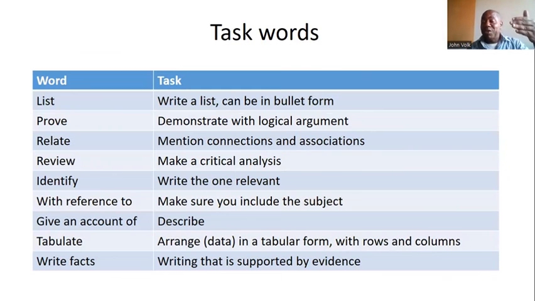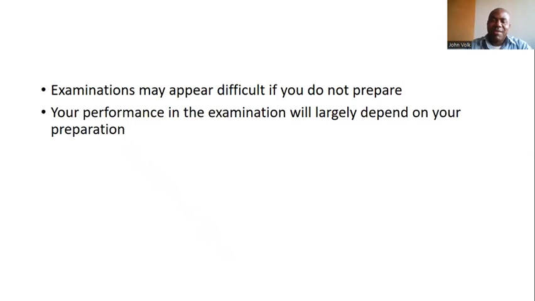So you provide the information in the form of a table, okay, rows and columns. When they say write facts, it means you provide evidence. You provide evidence to what you are writing. So that's about the task words.